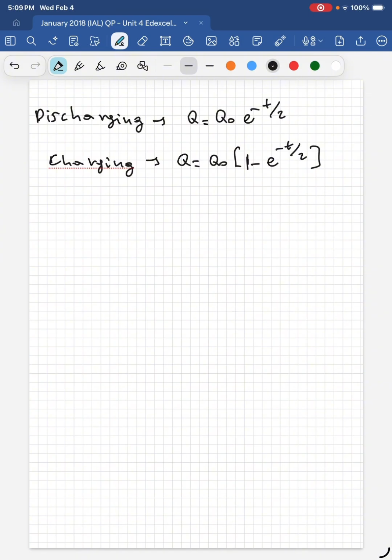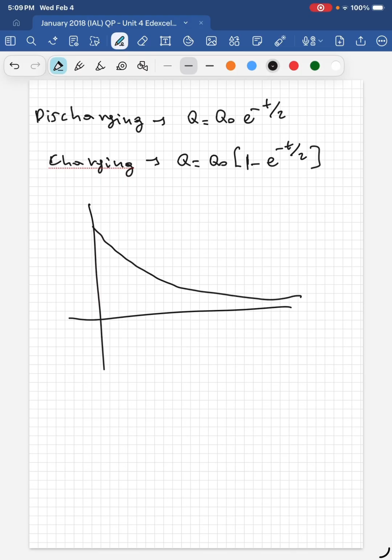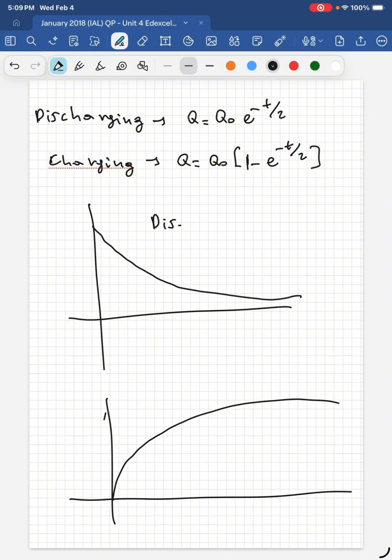So for discharging, the equation looks like an exponential decay like that. But for charging, this is the form of the equation of the graph. Okay, so this is for charging.